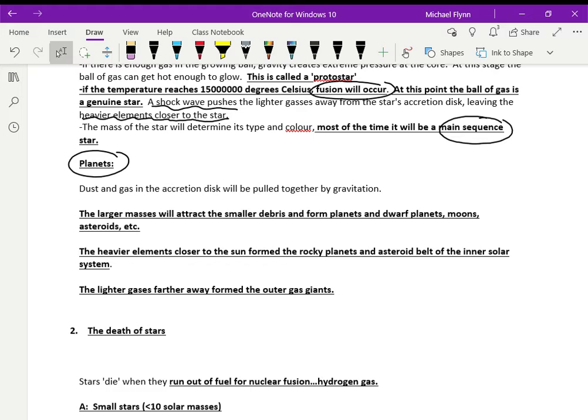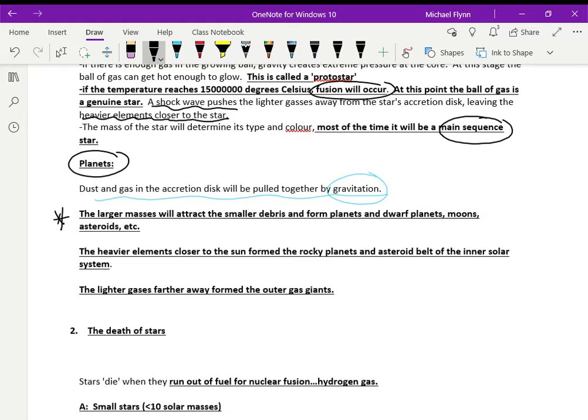So basically planets are formed when material in the accretion disk is pulled together by gravity. Again, it's gravity that pulls things together, forms planets, moons, asteroids, etc. So key point, larger masses will attract the debris to form all the things that we see.